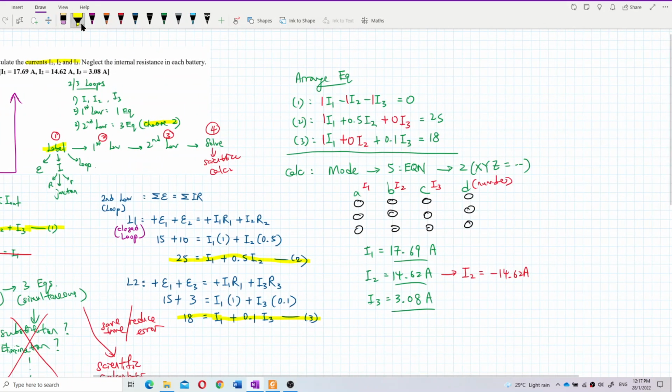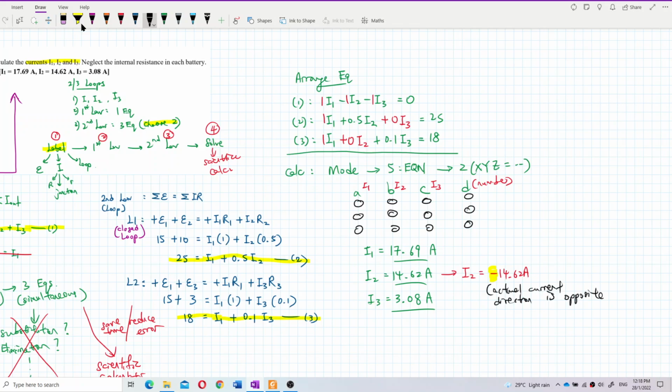It means the actual current direction is opposite from the direction drawn, the direction you draw on the circuit.